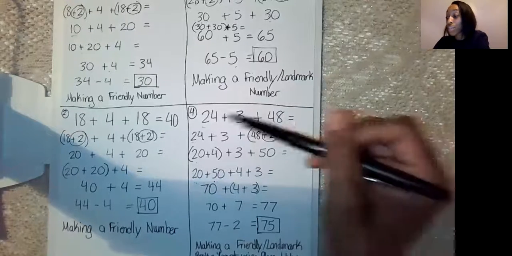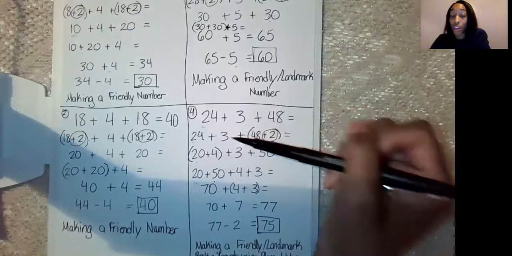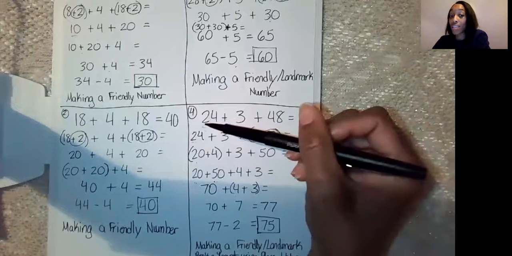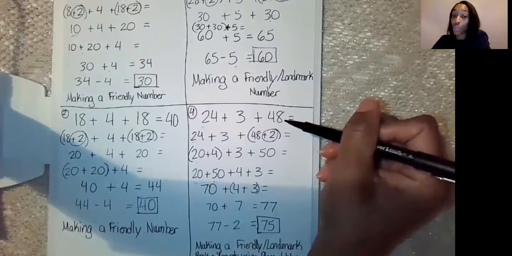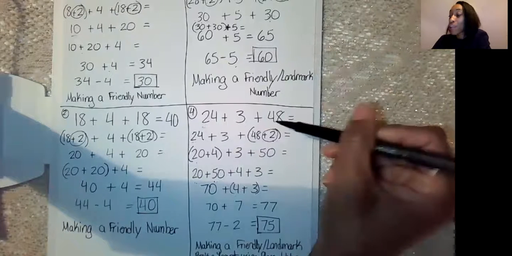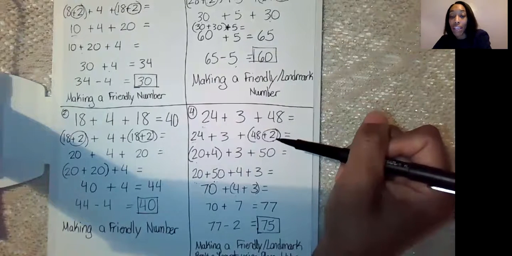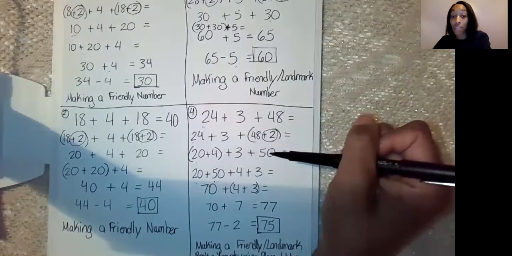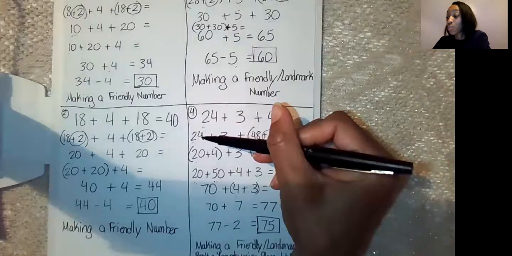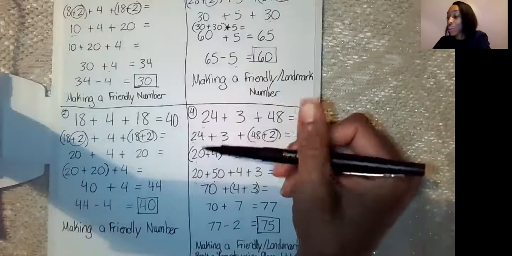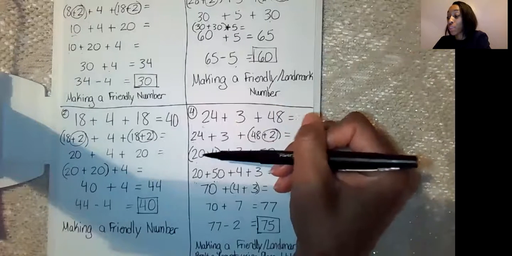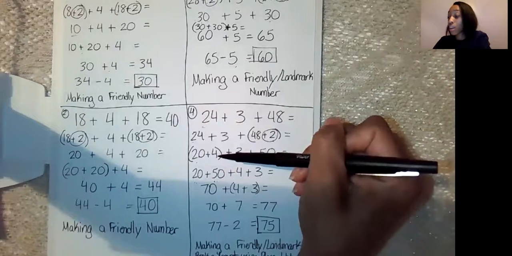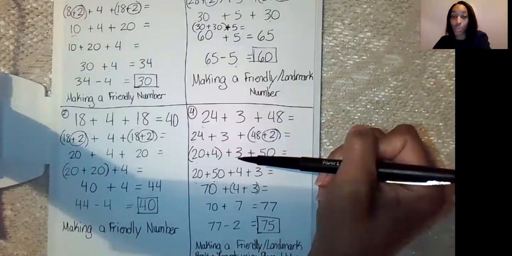Here it got a little tricky because these addends weren't similar, but I knew that inside of these addends there were 10s, but this is also really close to a landmark number. So I could just bring that one to a landmark number by adding 2. That way it's not too much later for me to take away. That gave me 50. Then I saw that inside of 24, there are also 10s. So I could separate that out into 20 plus 4 because 2 10s is 20 and 4 1s is just 4. This addend, I didn't have to do anything with it.